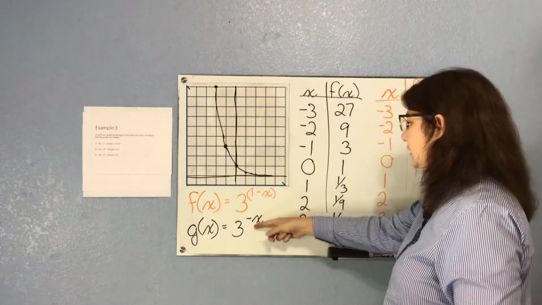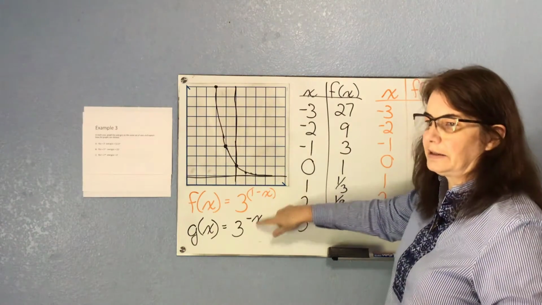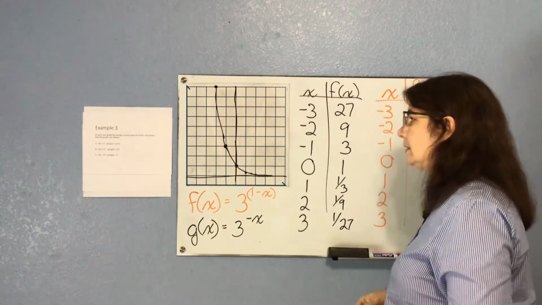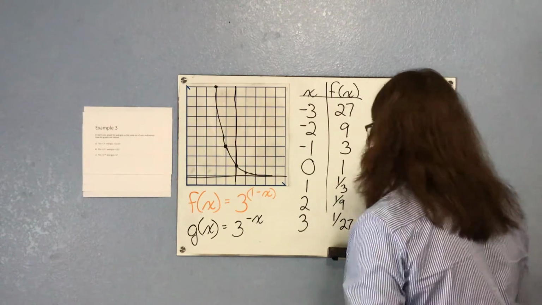So you can see here the negative x is still there, but I've added 1 to it. What does adding 1 to the exponent do?